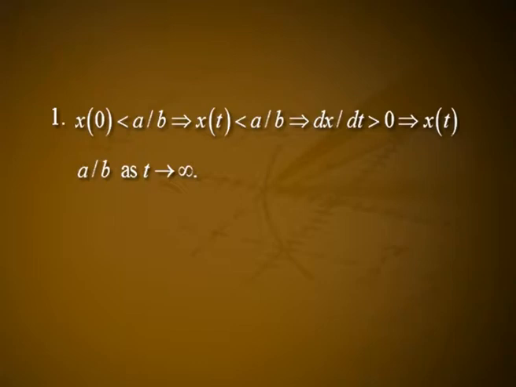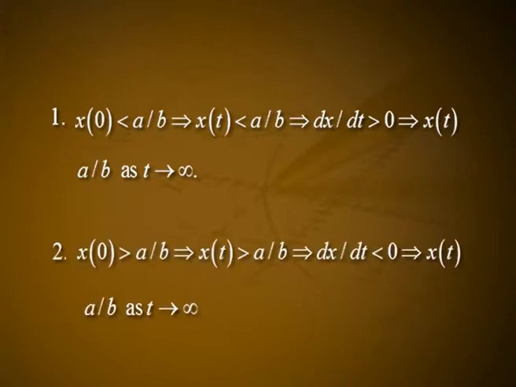This implies that x(t) is a monotonic increasing function of t which approaches a/b as t tends to infinity. Similarly, x(0) > a/b implies x(t) > a/b, which implies dx/dt < 0.